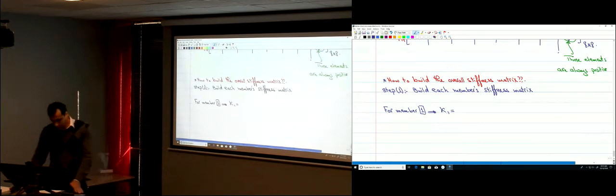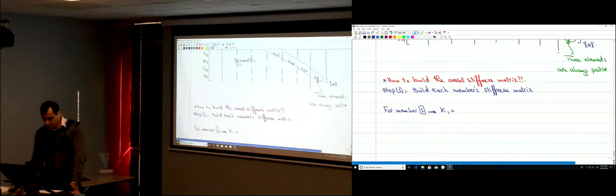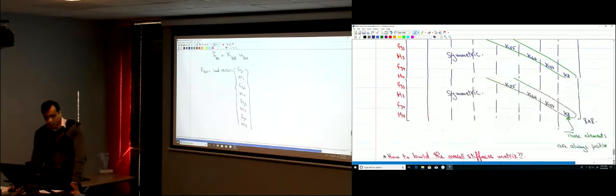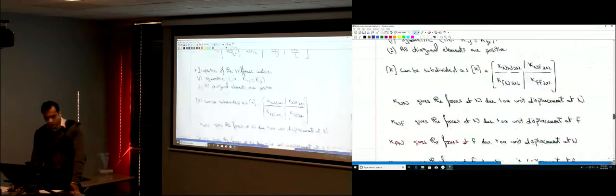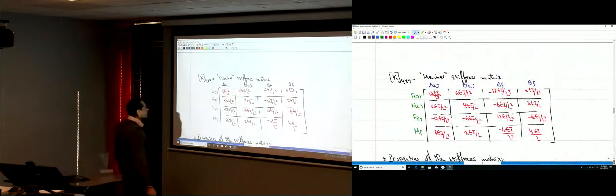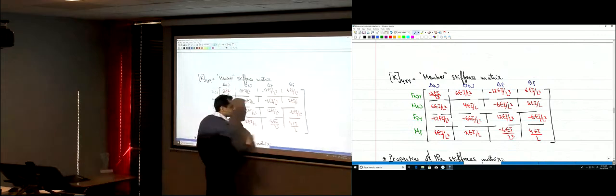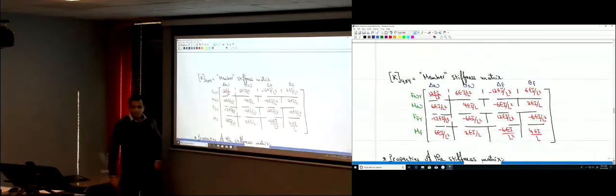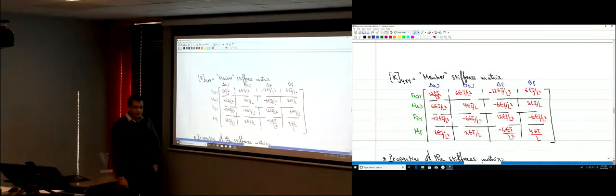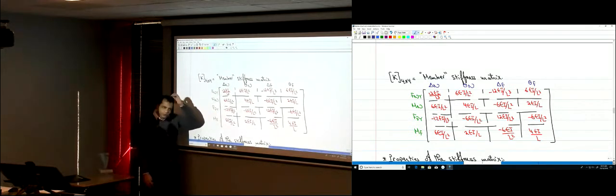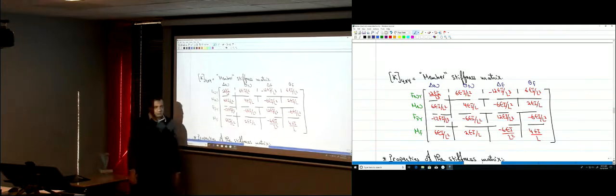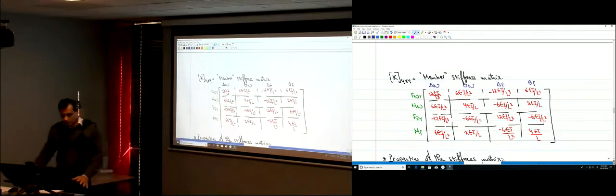How does this look like? We did this before. This is the stiffness matrix that relates forces and displacements for an element at the ends of an element, right? You agree with this? So this is the stiffness matrix for each member that we have in our problem. It looks like this.